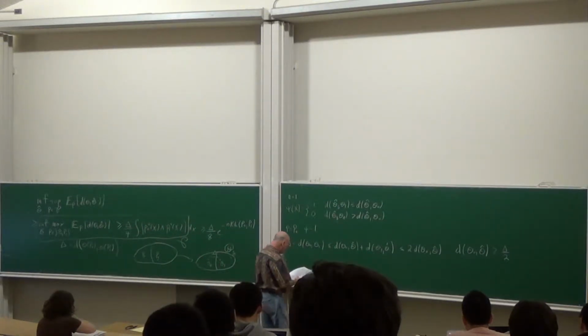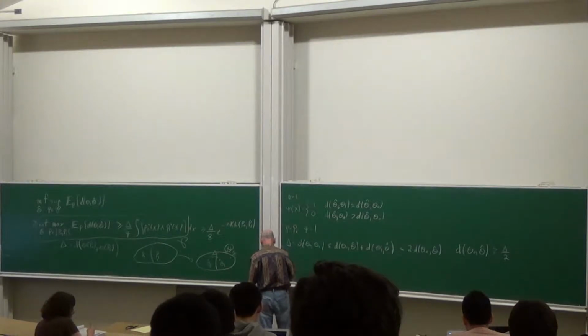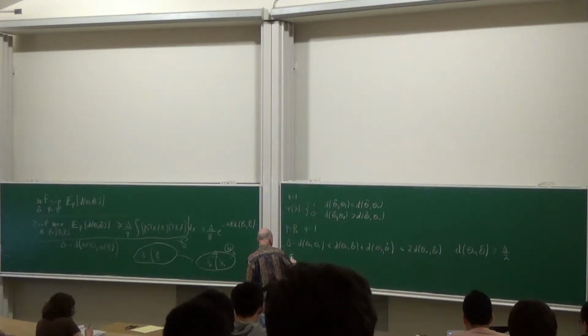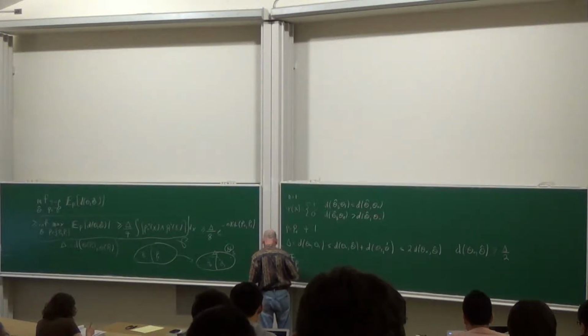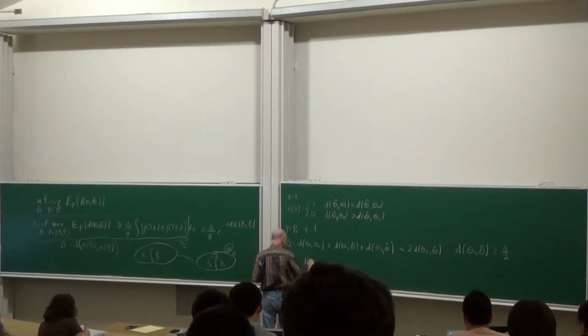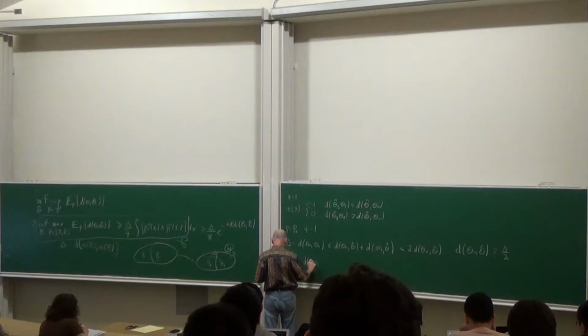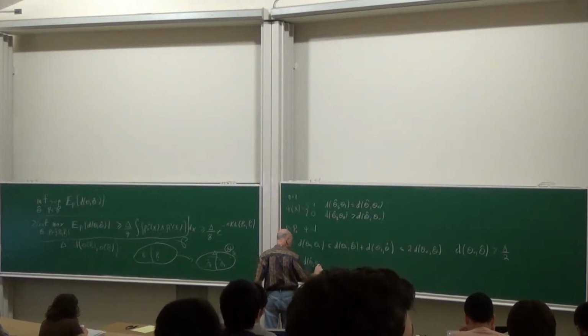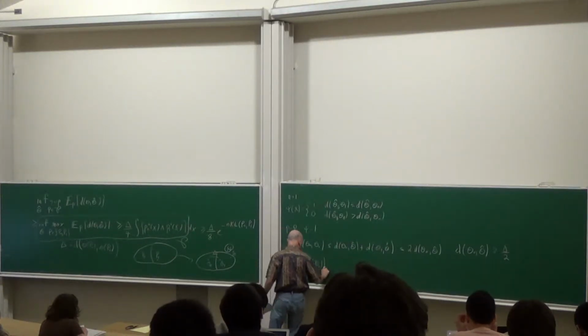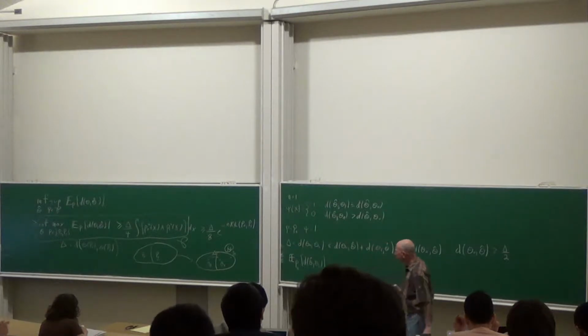So what that means, though, is if I look at the mean distance, well, suppose that the true distribution is P0 for the moment.